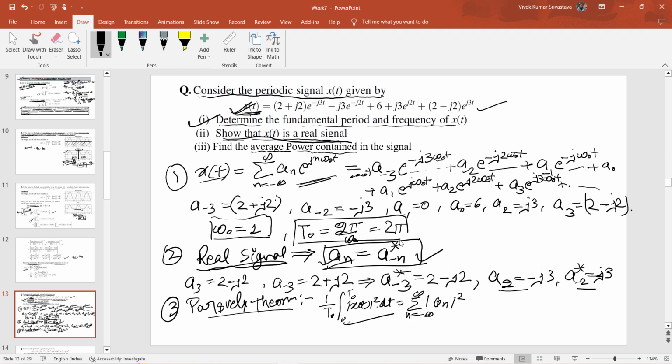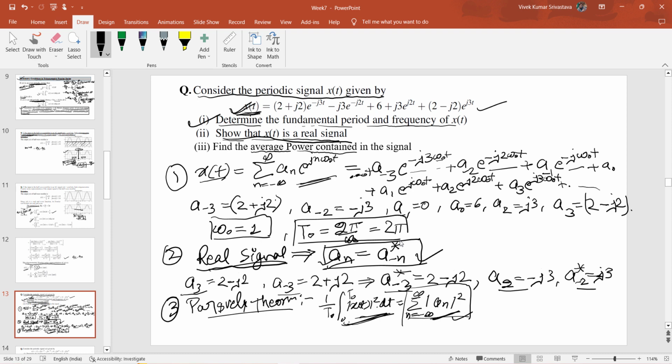Either you can take this method, or you can first calculate the Fourier series coefficients and then use this relation to find the average power. We will use this method, because the Fourier series coefficients are known to us.